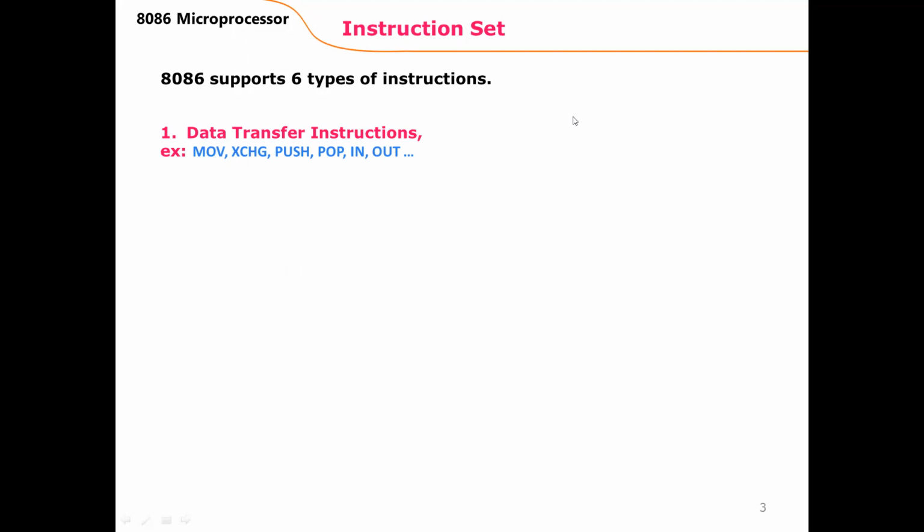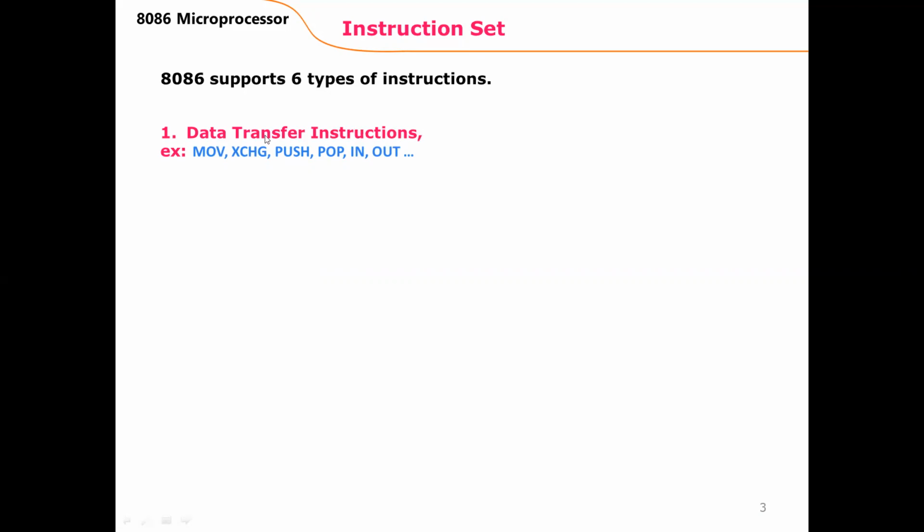Source can be an immediate number, a register or any memory location, and it will be transferred to a particular memory location or register. In data transfer instructions, there is no manipulation of data, meaning there is no addition or subtraction, the data does not change.